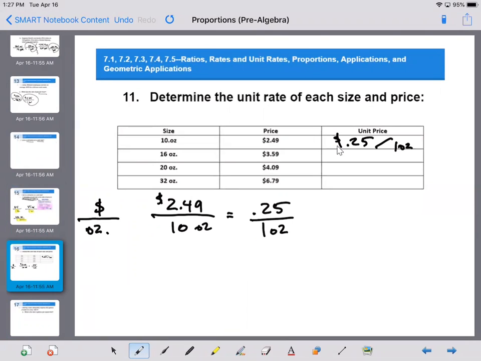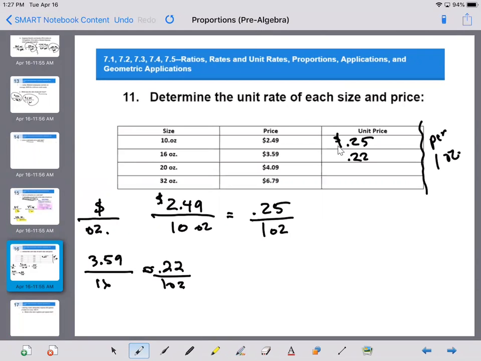Take $3.59 divided by 16 ounces, and your result is approximately 22 cents per 1 ounce. And remember, all these unit prices are per 1 ounce. So this would be 22 cents.